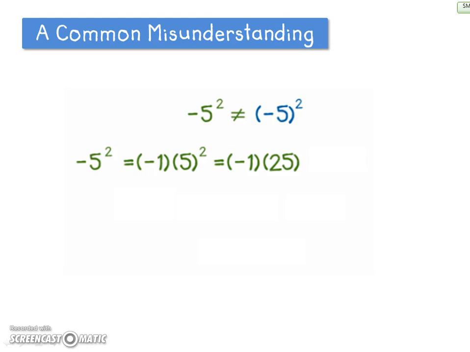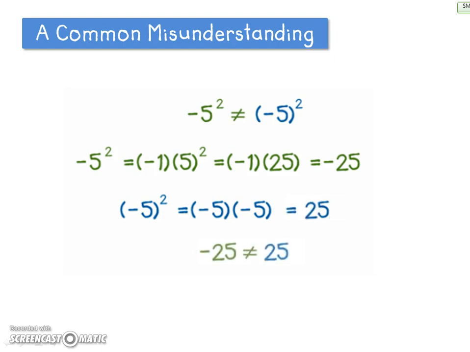So we would get -1 times 25, which equals -25. Now if we simplify (-5) in parentheses squared, that would equal -5 times -5, which is equal to +25. Therefore, -25 is not equal to +25, and so -5 squared is not the same as (-5) in parentheses squared. Parentheses do matter when squaring integers.